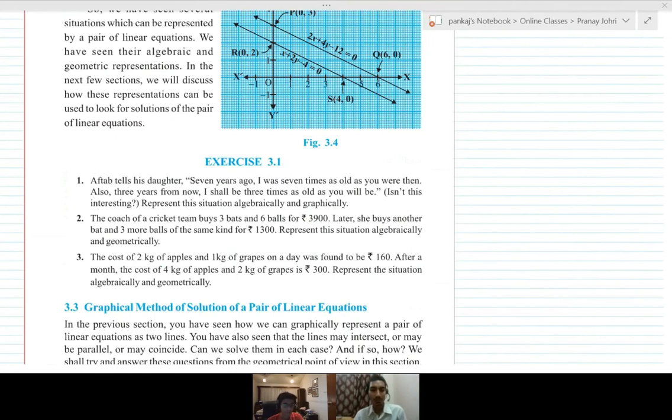Tell me the algebraic representation at least.